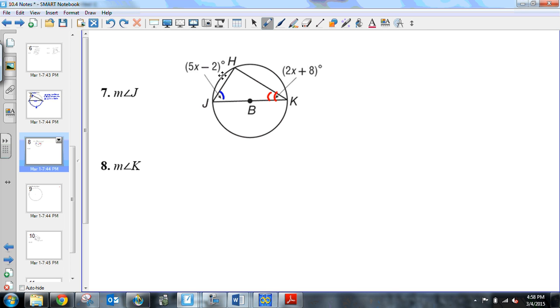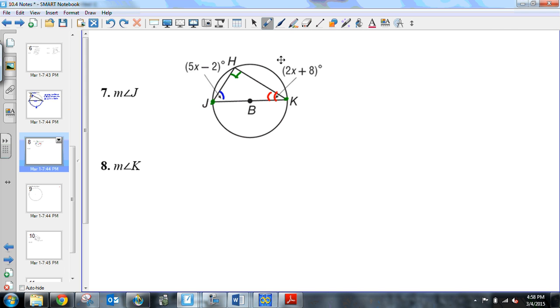Because this segment JK goes through the center B, we'll assume that it is the diameter. That's how I know it's a diameter. Then I know that angle H is a right angle. If I wanted to find angle J, I would need to find what x is.